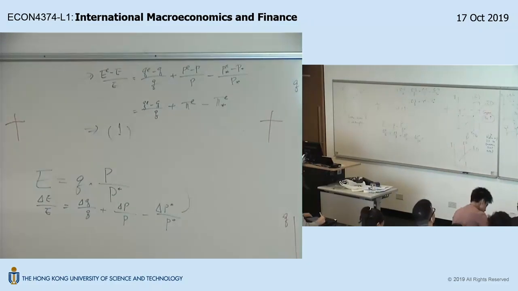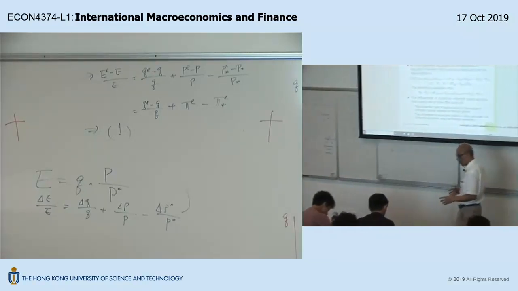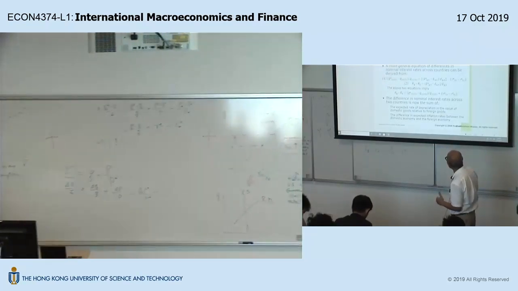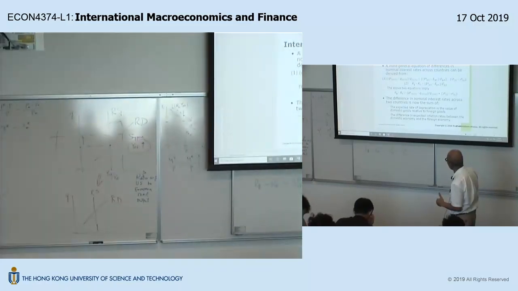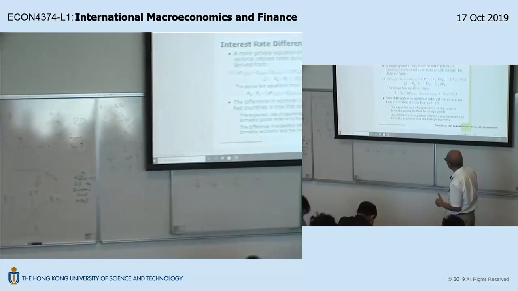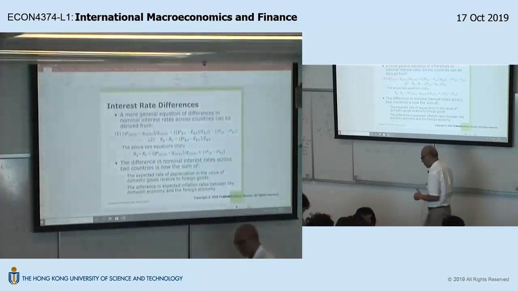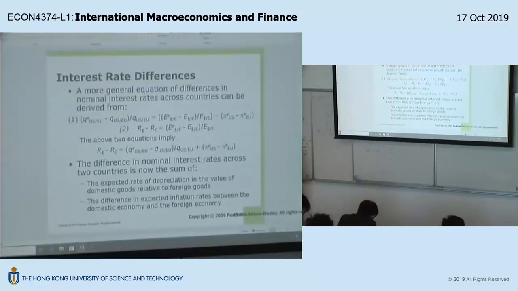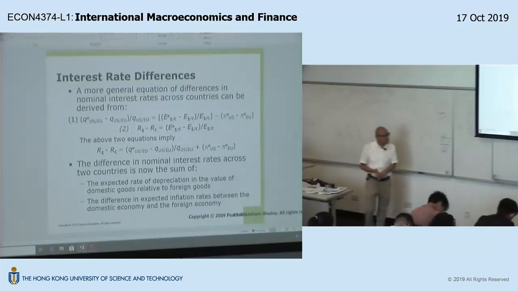So the difference in nominal interest rate across the two countries is not just dependent on the difference in inflation rate, but also depends on the real exchange rate. What does that mean?